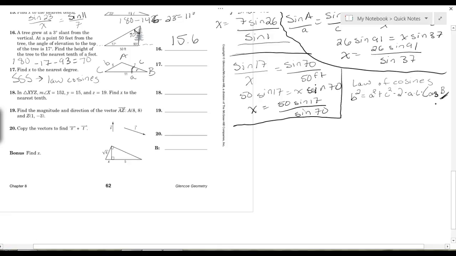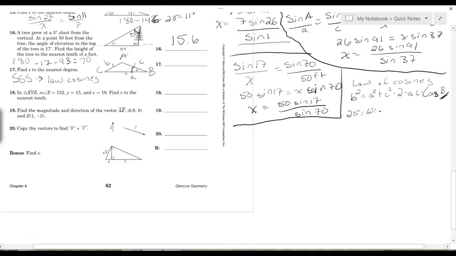So I'm going to go ahead and plug in my numbers. So little b is equal to 5. 5 squared is 25. Little a is equal to 11. So a squared is 121.